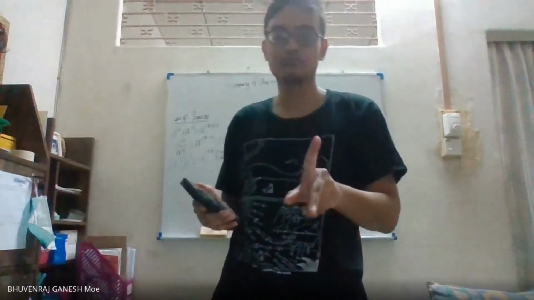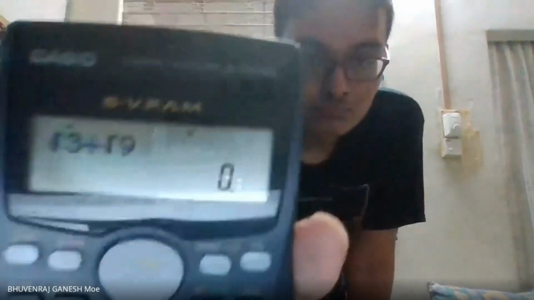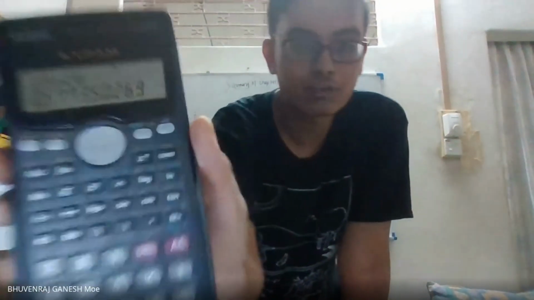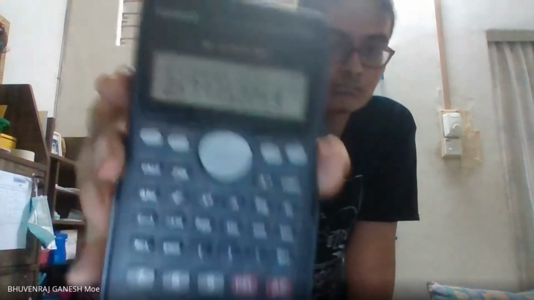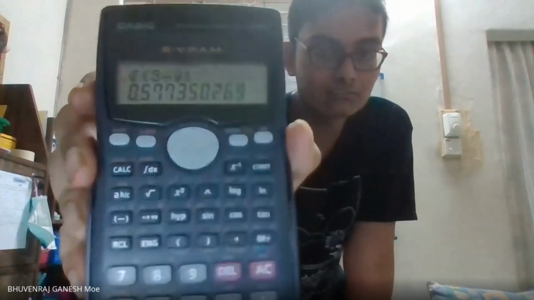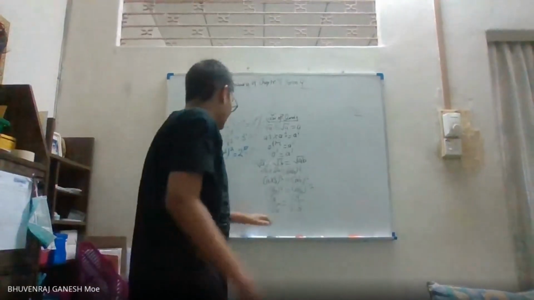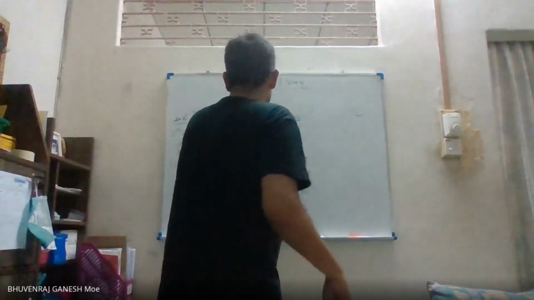Don't put the same number. So surd 3 over surd 9. What do I get? 0.57735. Okay, and then we put surd of bracket 3 over 9. One shot. Same answer, 0.57735. You see? Proven. One more law. It's 1, 2, 3. Third law.